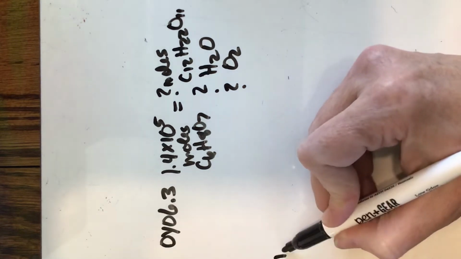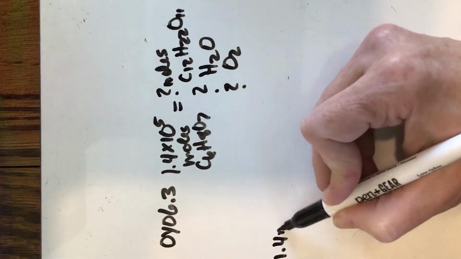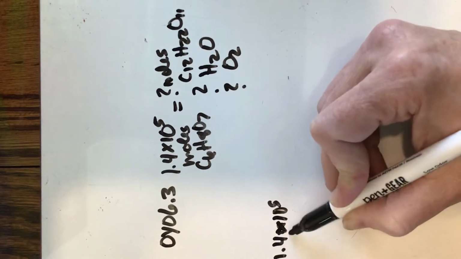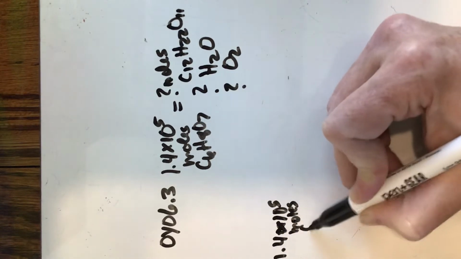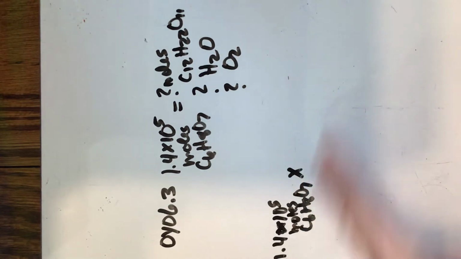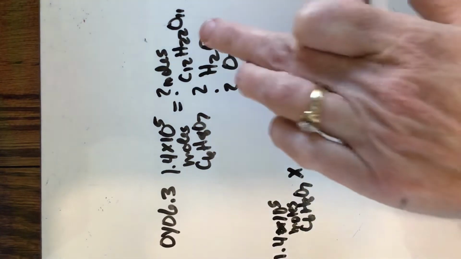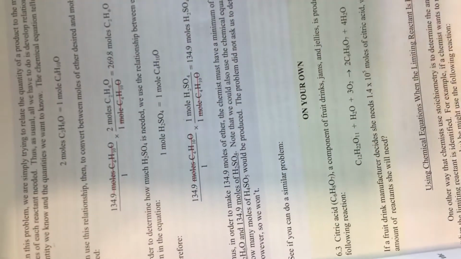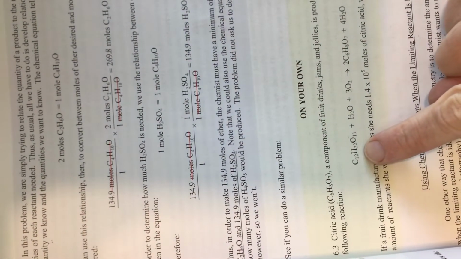So we start with what we know, the 1.4 times 10 to the 5th moles of C6H8O7. We go to the equation because we're going to find this one first, the C12H22O11. And so we go look at our equation, and there's 1 of the C12H22O11 for every 2 of this one.